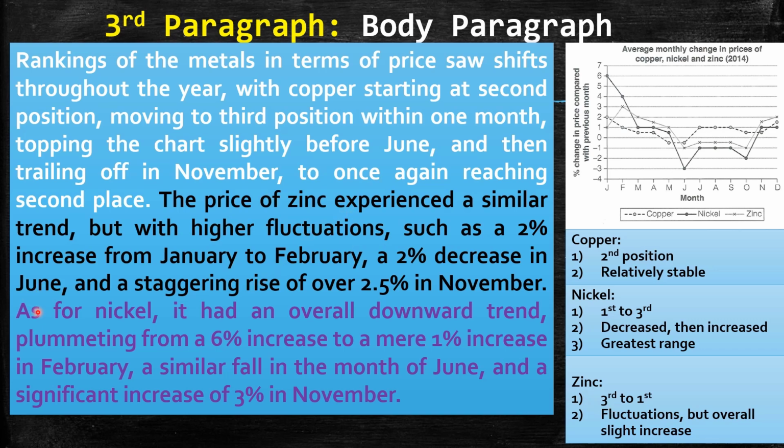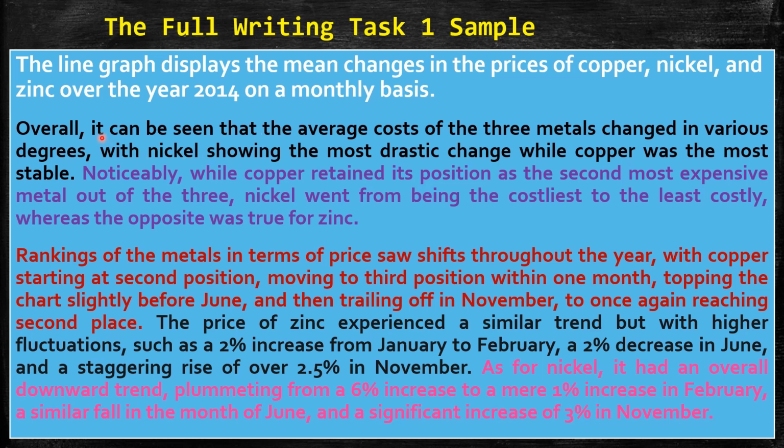Finally, as for nickel, it had an overall downward trend, plummeting from a 6% increase to a mere 1% increase in February, a similar fall in the month of June, and a significant increase of 3% in November. So, this is the full writing task 1 sample essay, the sample report that I've written here.